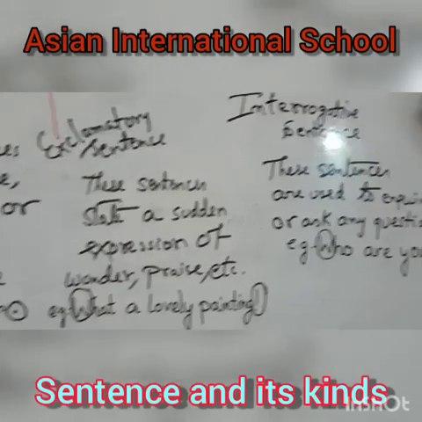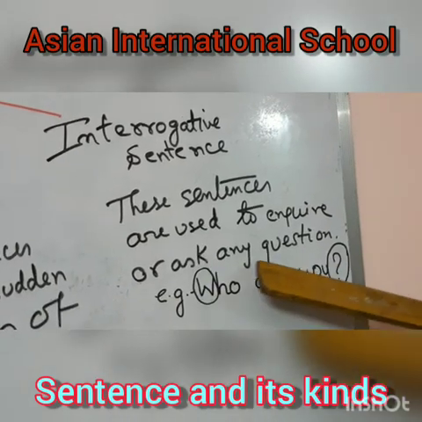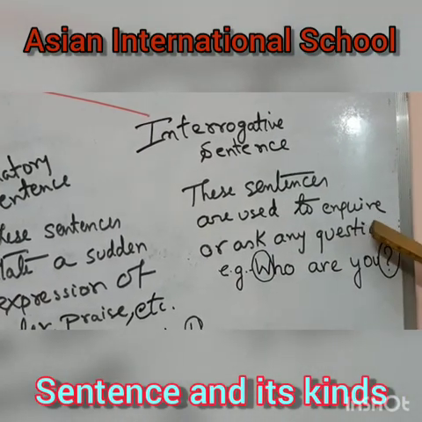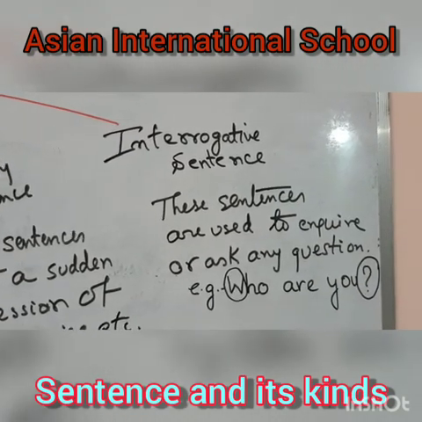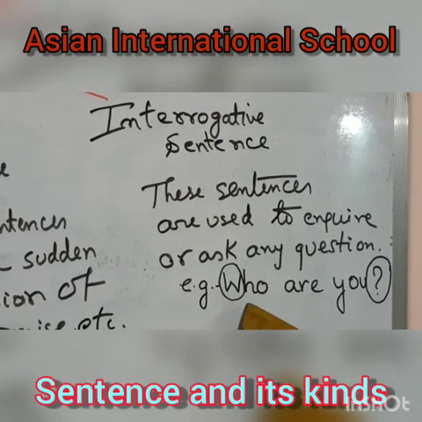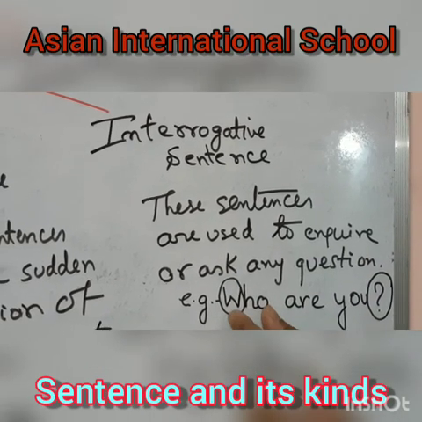We will end up with interrogative sentences. These sentences are used to inquire or ask any question. Whenever we are questioning, we are inquiring, and that sentence is termed as an interrogative sentence. Who are you? What are you doing? Here, the WH question is the way in which we are starting the sentence.